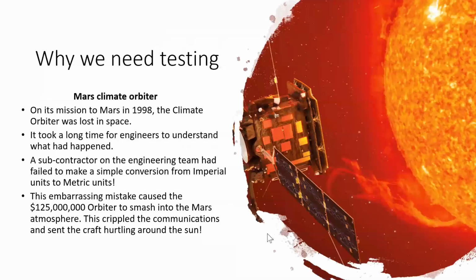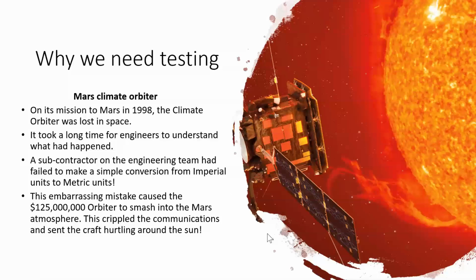So there was an incident on the Mars Climate Orbiter. Okay, so on a mission to Mars in 1998, the Climate Orbiter was lost in space. And it took a long time for engineers to understand what had happened. So a subcontractor on the engineering team had actually failed to make a simple conversion between imperial and metric units.